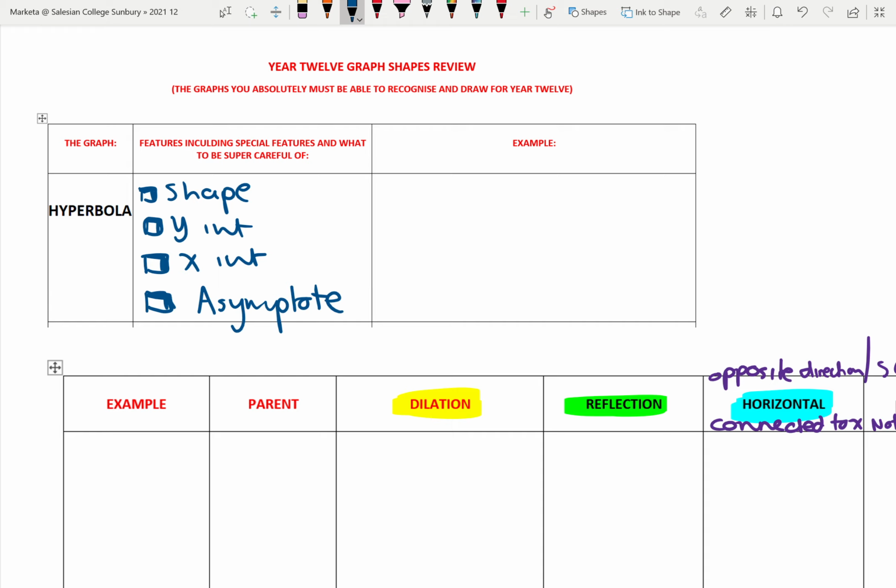So look, something that we need to look out for in a hyperbola is when we have something like this, y equals 1 over, say, 3x plus 4. So when you do this, you're going to need to remove whatever's in front of the x.